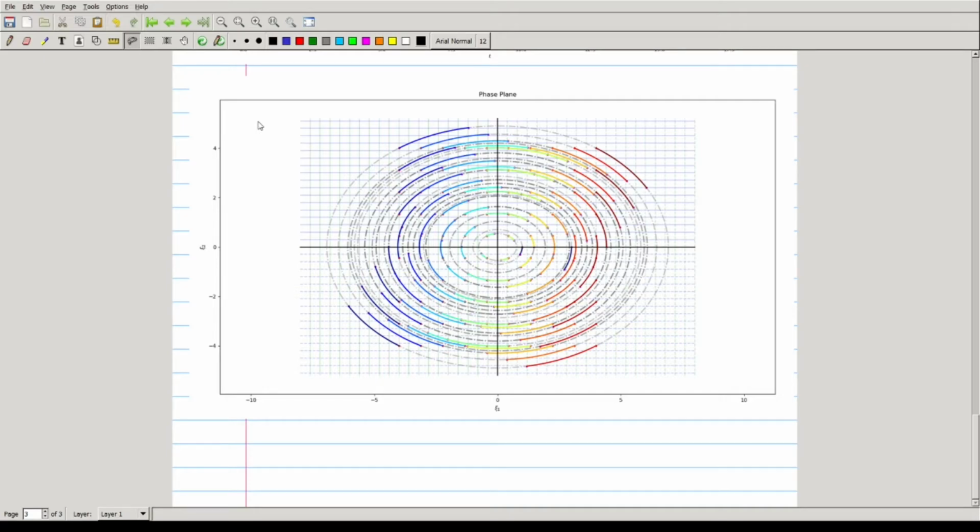The exact solution is plotted as these curves that are dotted and dashed, and the numerical solution is the solid lines here.